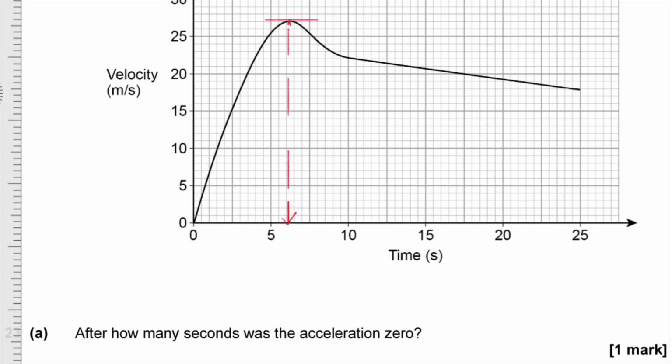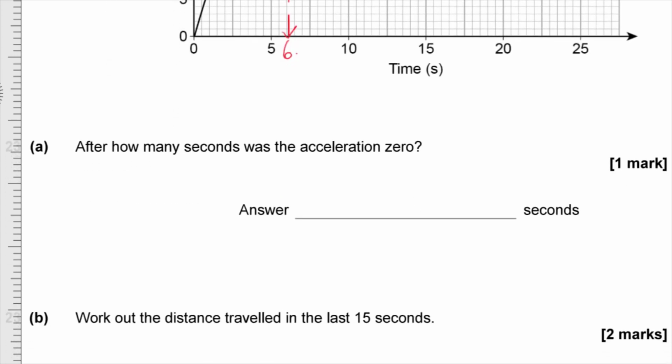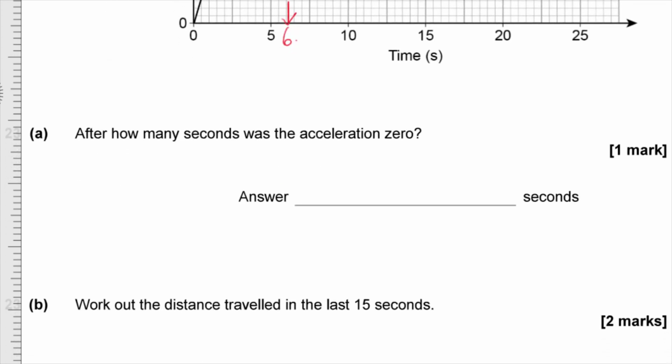Now you can see I've got 10 divisions between 0 and 5, so each division must be a half, or 2 divisions, or 2 little squares is 1. So I make that 6 then. So after how many seconds was the acceleration 0? It's going to be after 6 seconds.